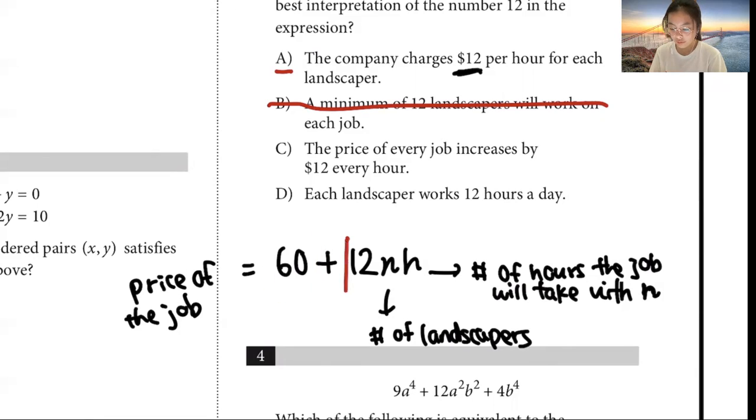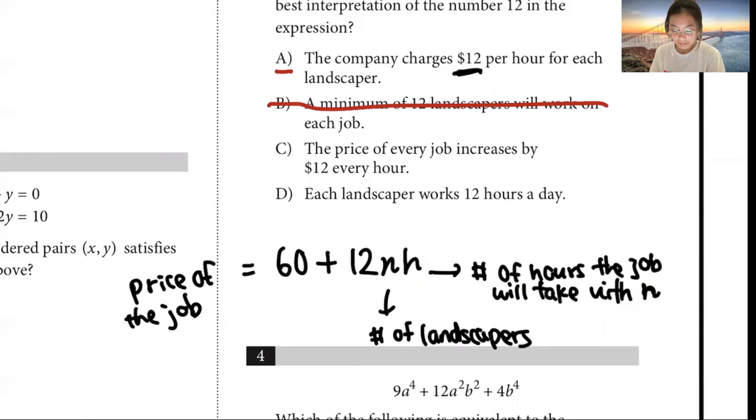And it's saying this 12 is showing the price of every job increasing by every hour. But we don't know if it's every hour, right? Because the hour is specified using H. If H were to be 1, then that would be true every hour. But 12 itself isn't showing every hour because the hour is not showing anything. It's not 1. If this is 1, then yeah.